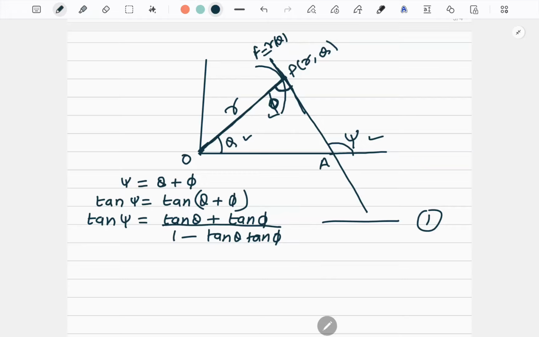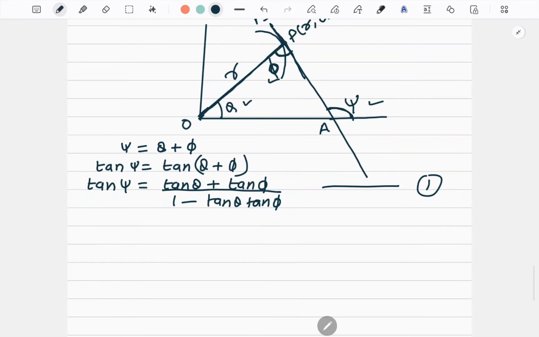Now I will try to look at this psi in another way, from the other side. This psi is basically the angle which the tangent to this curve is making. So what exactly does it represent? What is the slope of any curve? The slope is obtained by making a tangent and then taking the angle which it makes with the x-axis.